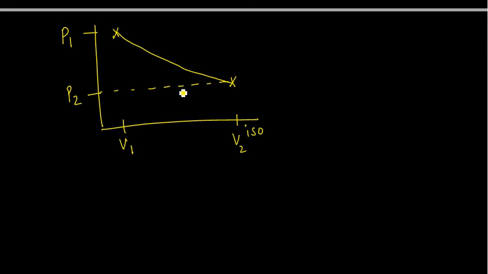Since gamma is greater than 1, PV to the power of gamma tells us that V adiabatic would be smaller than V isothermal. So that's my V2 adiabatic. It does not matter that the constant is not the same, but if I were to end at the same pressure, V adiabatic would be smaller.